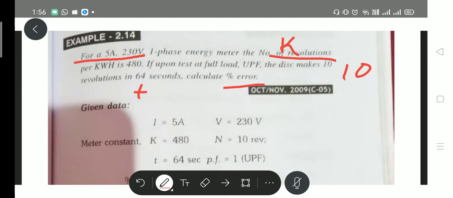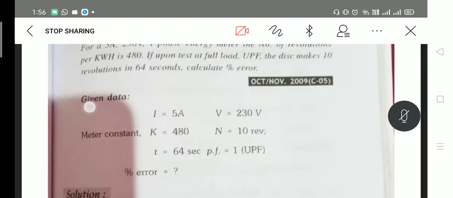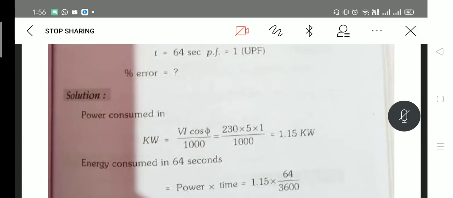So, first you have to calculate the number of revolutions. By using power is equal to VI cos phi, we can find the power first in kilowatts. So, we can take VI cos phi by 1000. We know the values of VI cos phi. So, substitute here, then we will find the power consumed in kilowatts, that is 1.15 kilowatts.